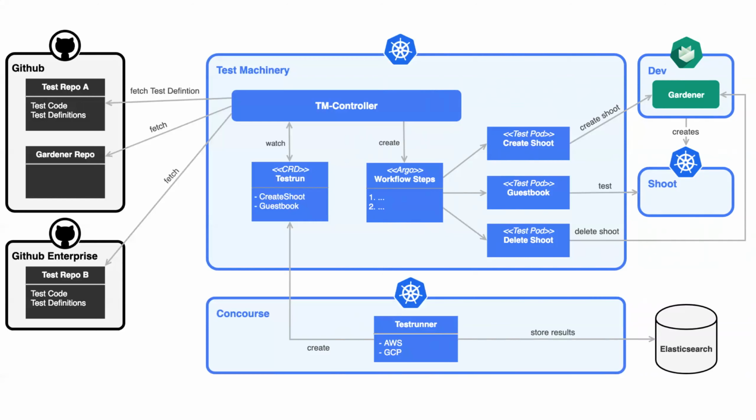In the local scenario, you can map a local path of your computer into Minikube and have the test machinery fetch your test code from there, just to speed up the development cycle. All right, thanks.